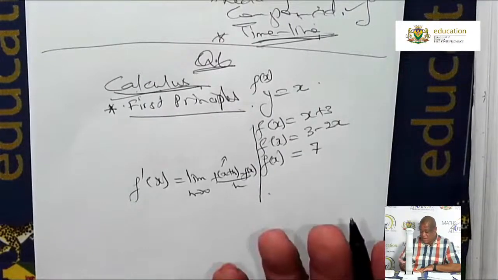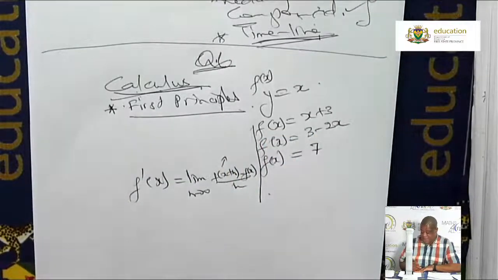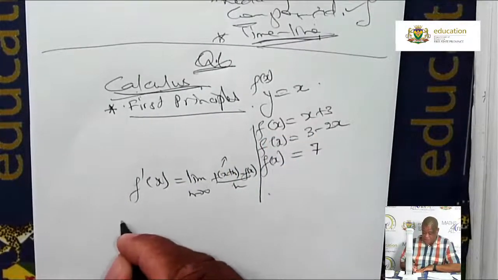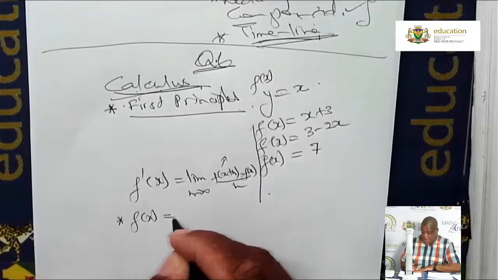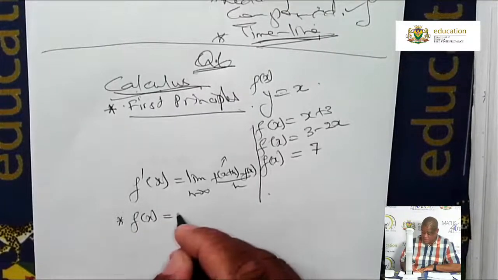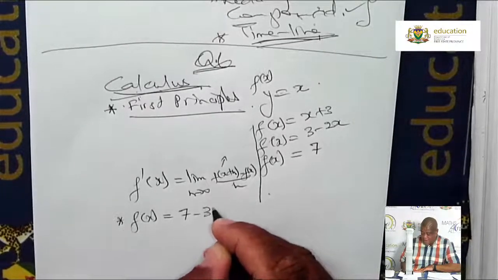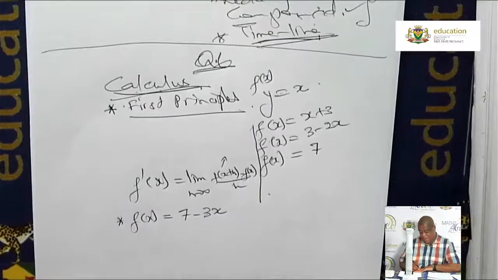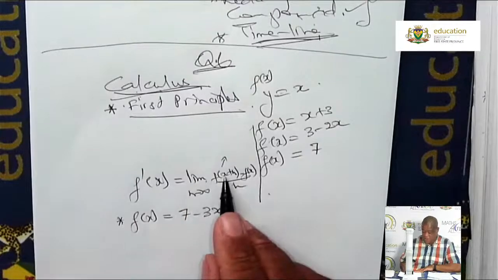So we normally say work it out separately. Let's assume that our question is f(x) equal to 7 minus 3x. Before you go anywhere, you know that your derivative formula is going to need f(x plus h).